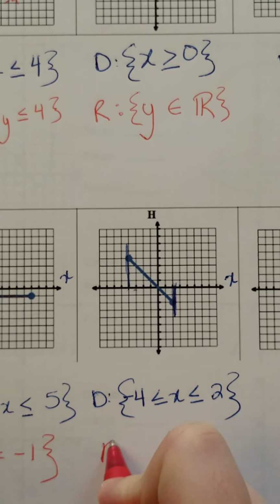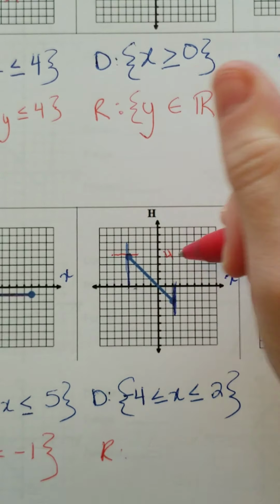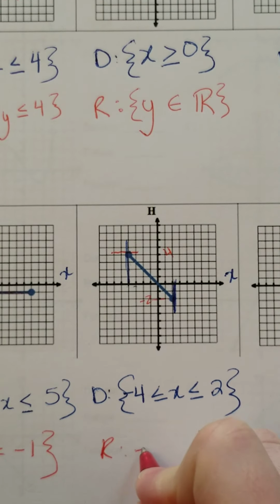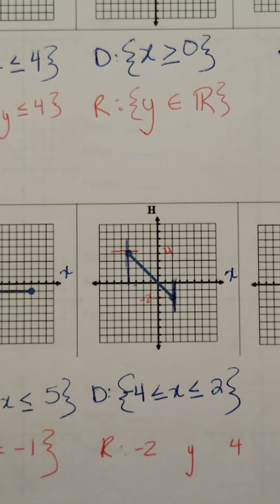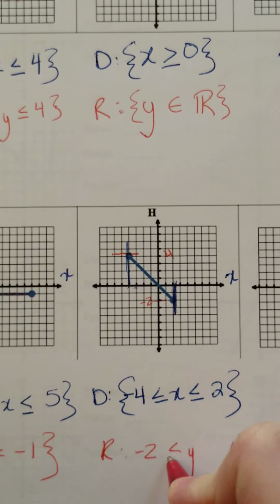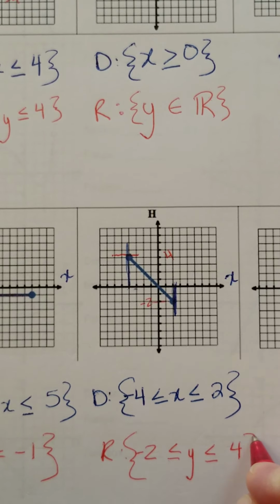Now for range, how high, how low? My highest point is at 4. And my lowest point is at -2. So I put the lower one on the left, -2, my higher one on the right, 4. It's a y in the middle because we're talking about the y-axis, or up, down, and they're closed circles at both ends. So I include the line, and we're done.